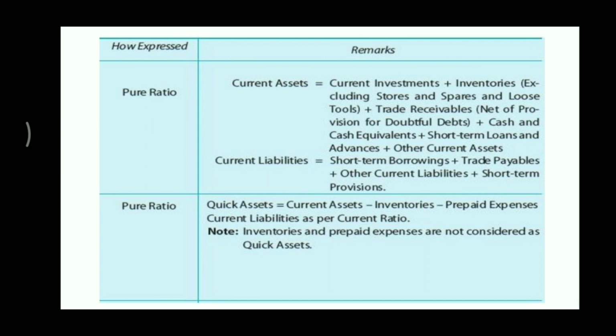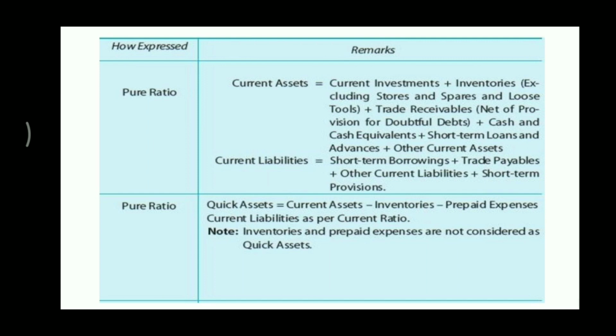getting quick assets. So if you summarize, in liquidity ratio, two types of ratios are there: current ratio and quick ratio or liquid ratio. And what is liquidity ratio? The ratio which is used to judge the efficiency of a firm to pay its short-term obligation.